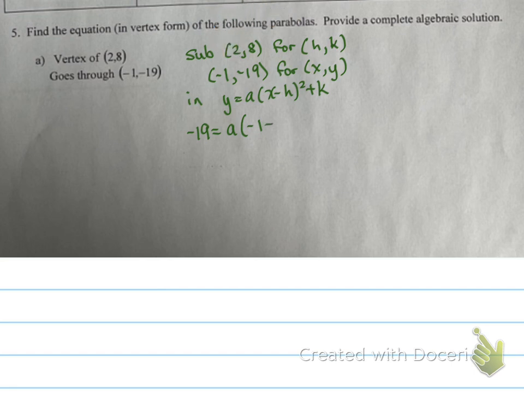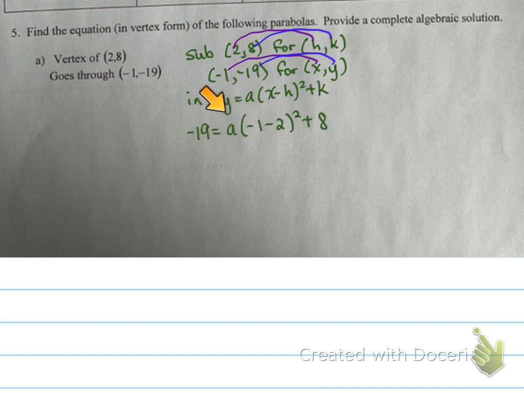My h is 2, close bracket squared, plus k. My k is 8. Just a reminder how I did this: 2 is for h, 8 is for k, -1 is for x, -19 is for y. And I just plugged in all the pieces.